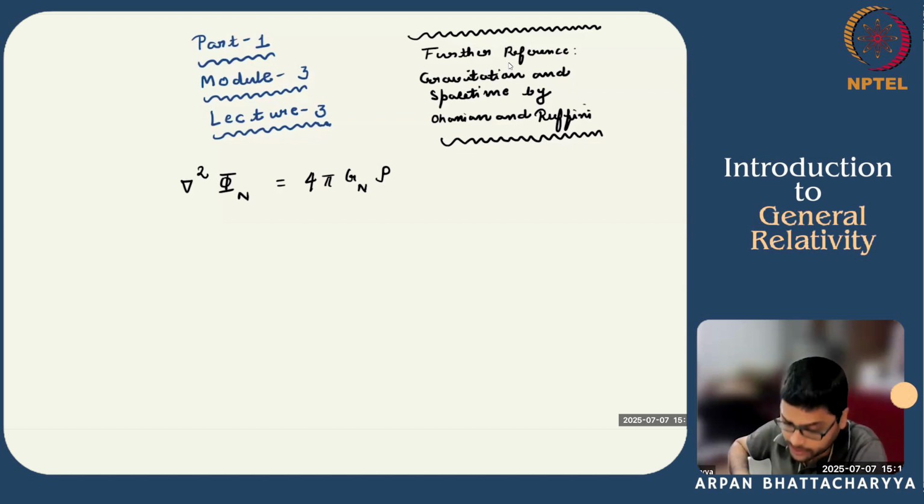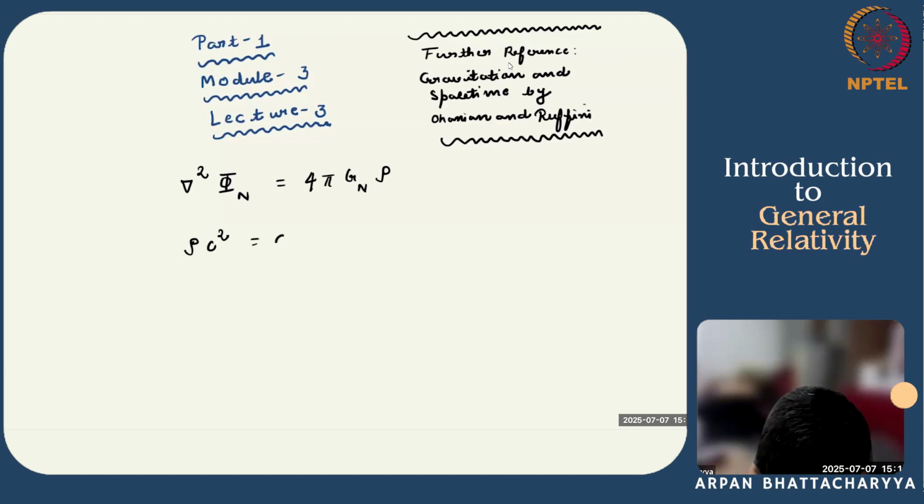But remember that for the case of gravity, this rho is mass density, and from special relativity we know that there exists a mass energy equivalence, which tells us that rho times c squared is equal to the energy density.